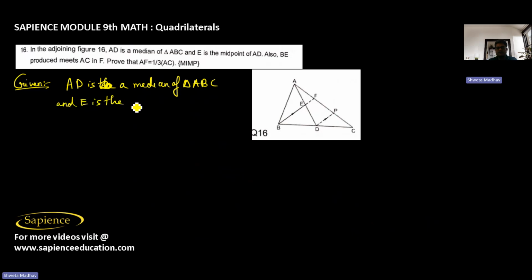Then here it is given that AD is a median of triangle ABC, and E is the midpoint of AD.